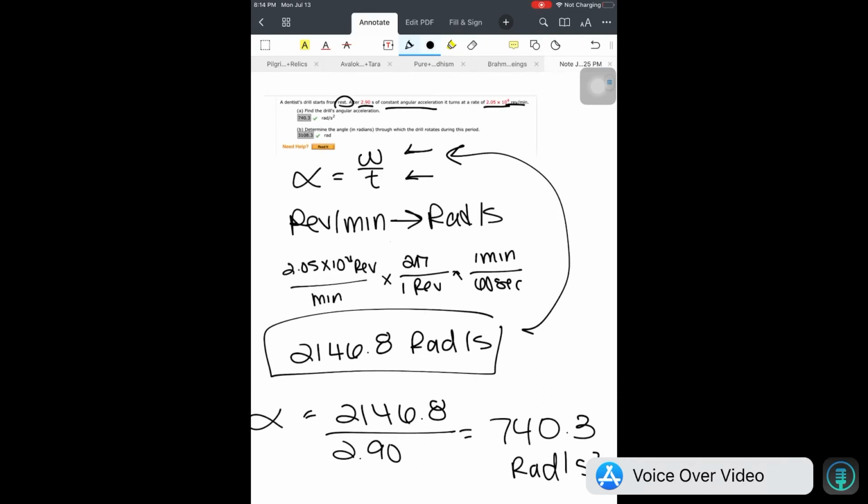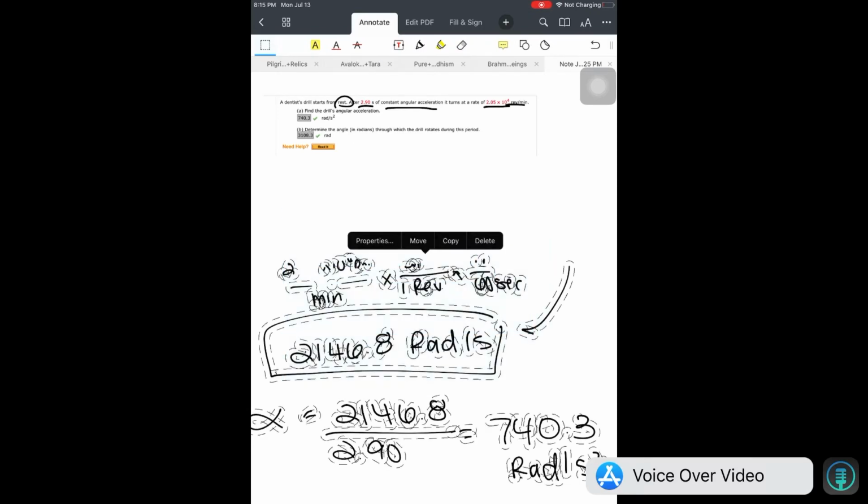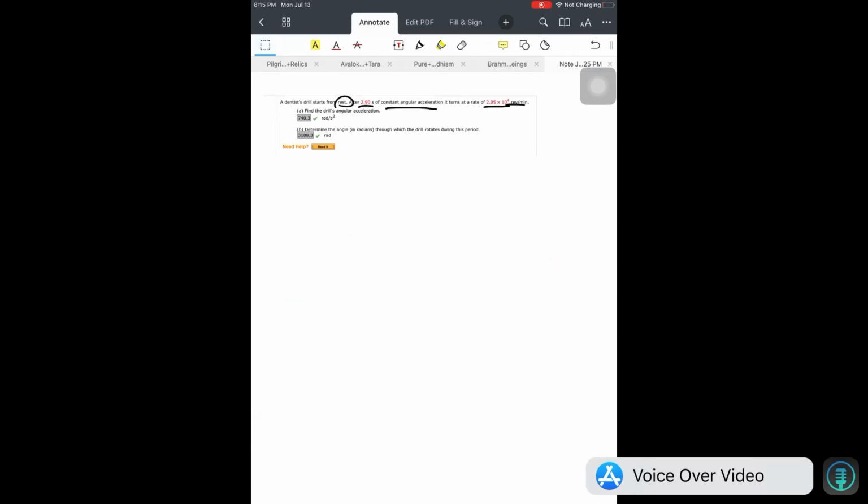B says, determine the angle in radians through which the drill rotates during this period. So, because we have acceleration, and then we have the angular velocity and time, we could use one of the kinematic equations pertaining to angular rotation.